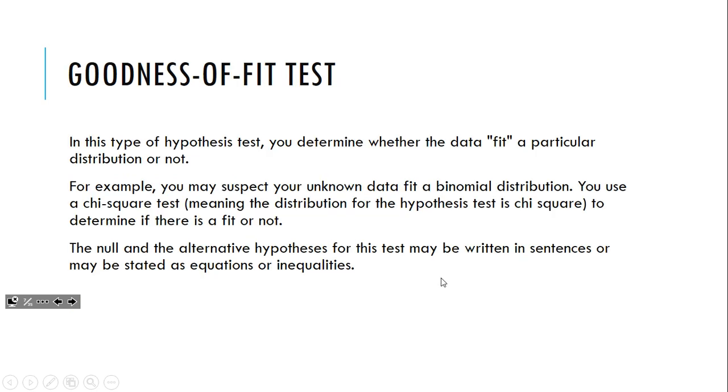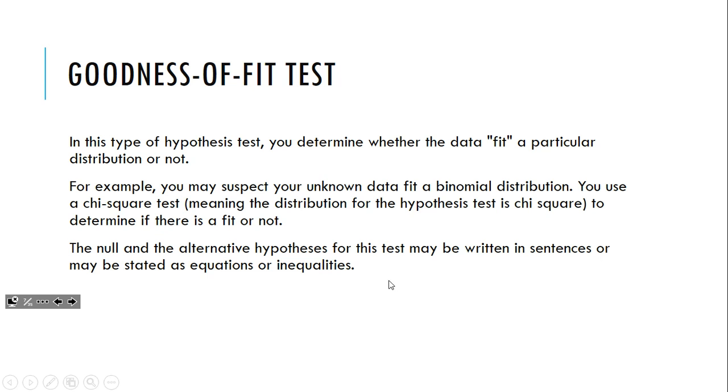So in this type of hypothesis test, we want to determine whether the data fit a particular distribution or not. So for example, you may suspect your unknown data fit a binomial distribution. So you use a chi-square test, meaning the distribution for the hypothesis test is chi-square, to determine if there's a fit or not.